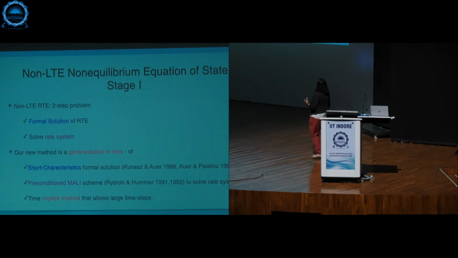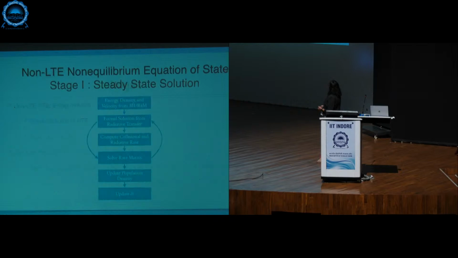So basically what we have done is a generalization to time of the short characteristic formal solution of Auer and the preconditioned multi-level approximate lambda iteration scheme of Rybicki and Hummer, and make the method implicit so that it allows large time steps.